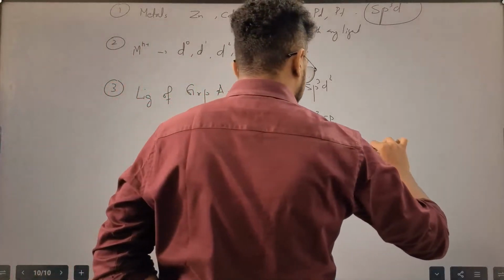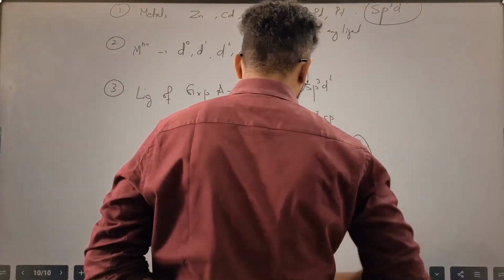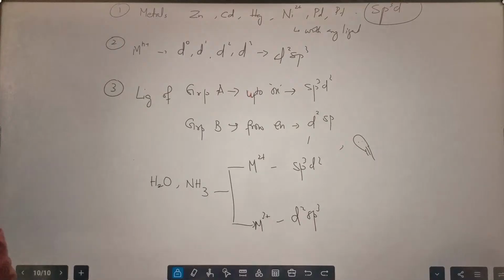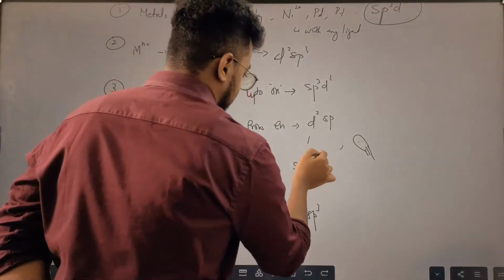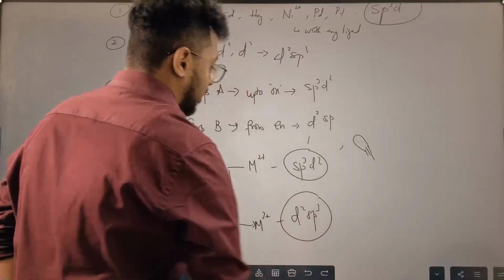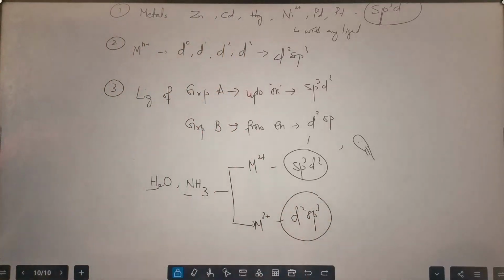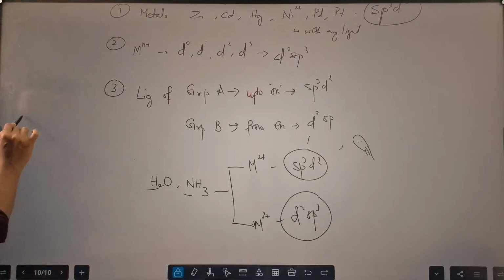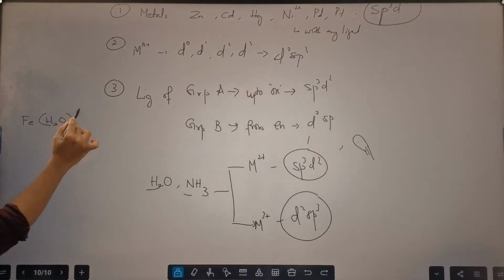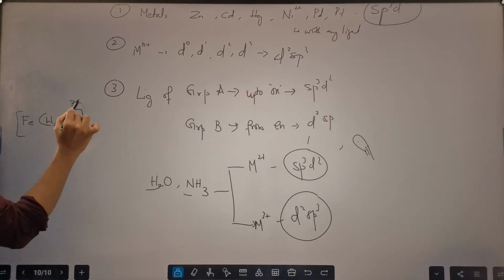So we got some exceptions here. If it is metal 2 positive with water or ammonia, straight away say it is sp3d2, and for M3 positive it is d2 sp3. But the exceptions are Fe(H2O)6 3 positive.